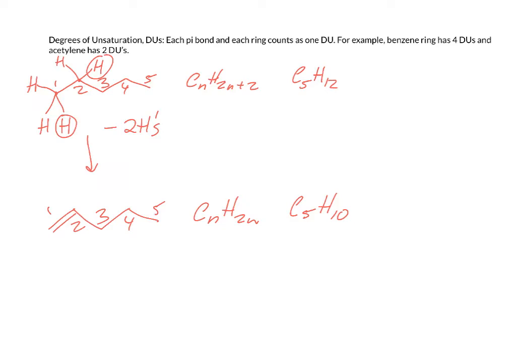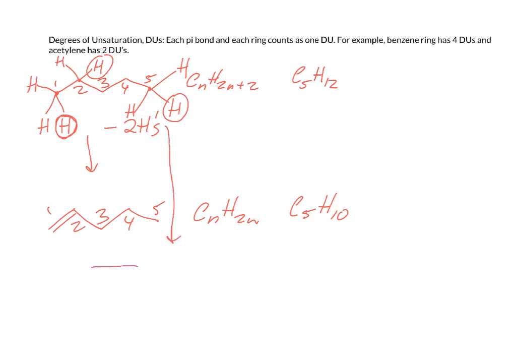What happens if I want to make a cyclic compound? If I want to close the ring between carbons 1 and 5, I have to again remove one pair of hydrogen atoms, one from carbon number 1 and one from carbon number 5.